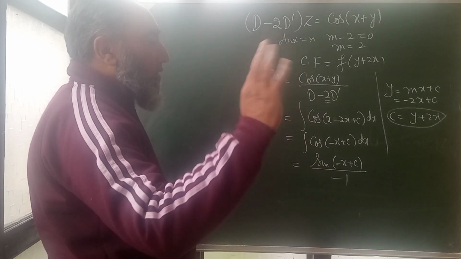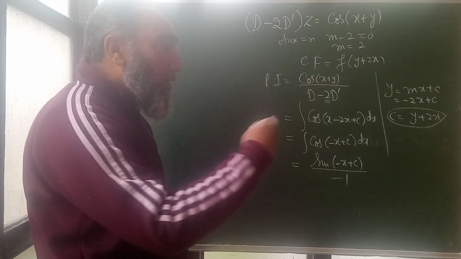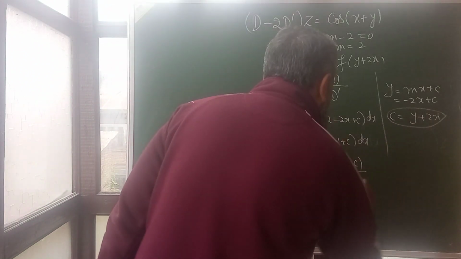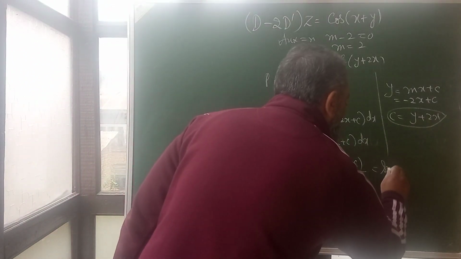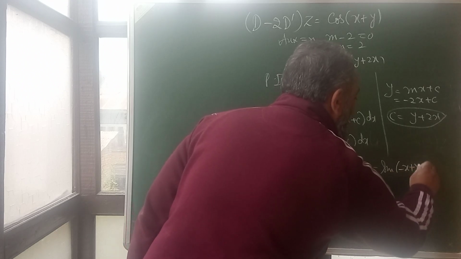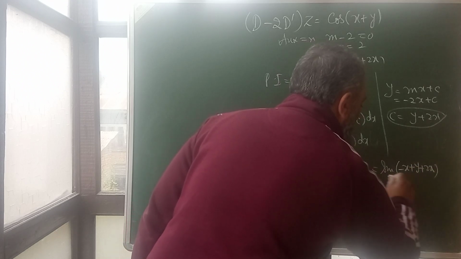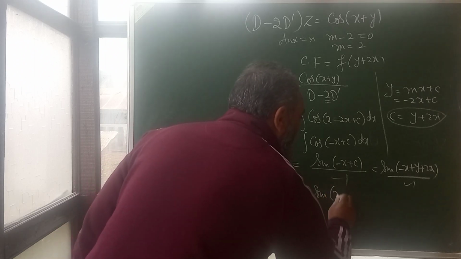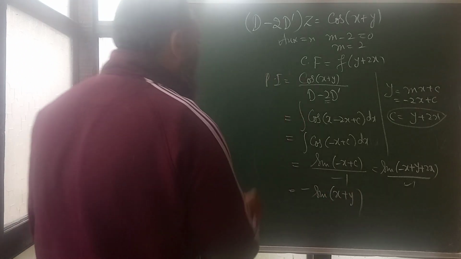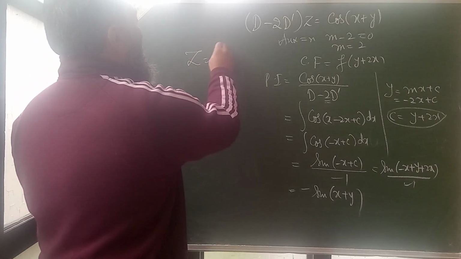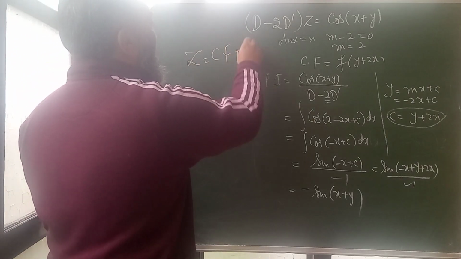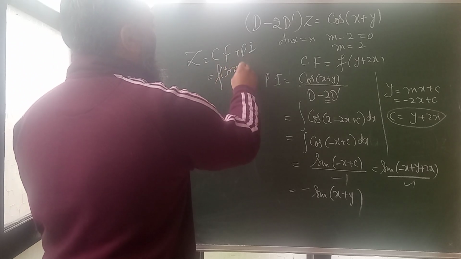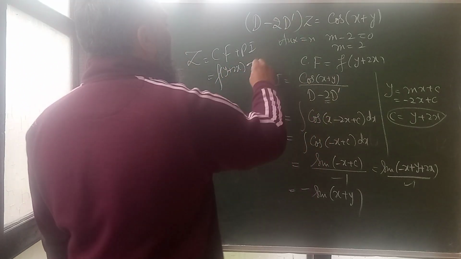Now this is the integration. After performing integration, you have to replace the value of c. What is c? c is y plus 2x. Thus this is sine of minus x plus y plus 2x, divided by minus 1. So it is minus sine of x plus y. So what is the general solution? CF plus PI: function of y plus 2x minus sine of x plus y.